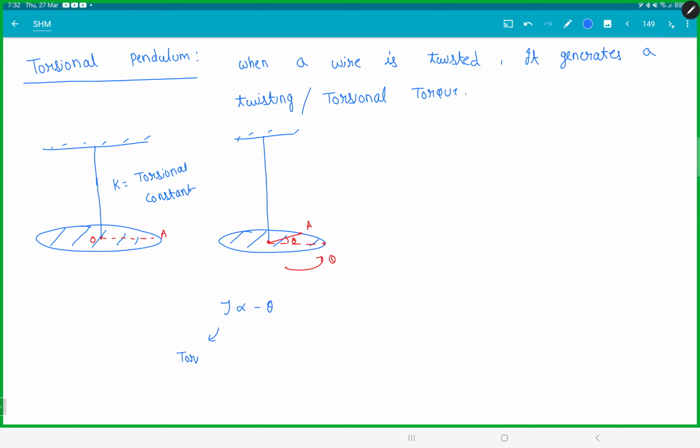This is your torsional torque. This is your twisting angle.